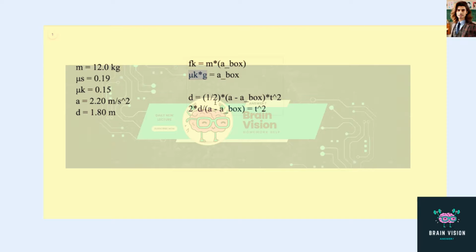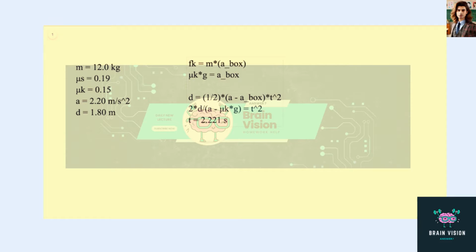Remember, our a box here is just mu k times g. So we have all of these constants: we have d, we have our a over here, mu k, g. We plug these all in and then take the square root, and we should get t equals 2.221 seconds.